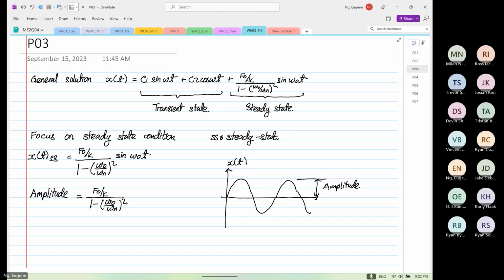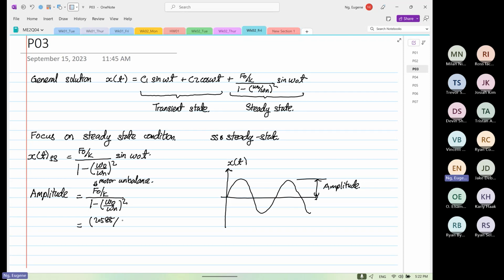Okay, so we have all the numbers. F naught is equal to 2.588, and this F naught is due to the motor unbalance.